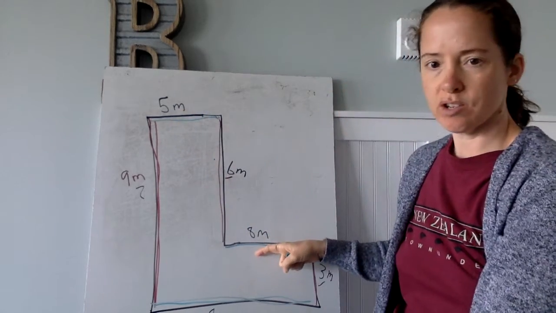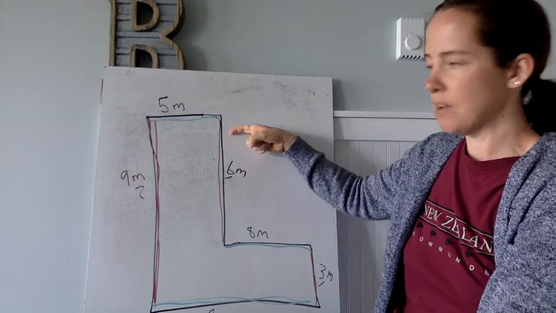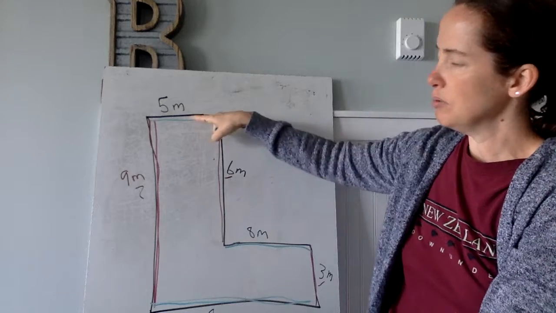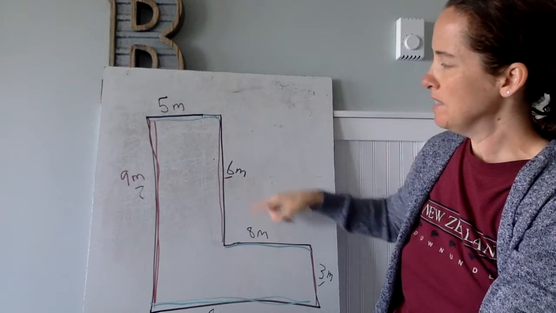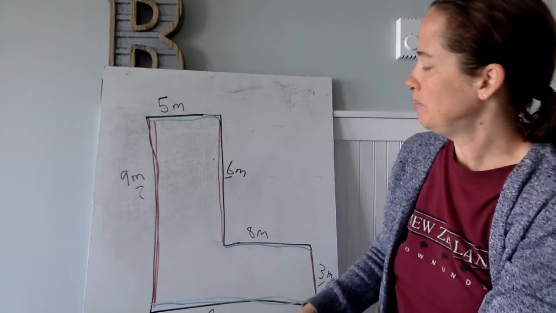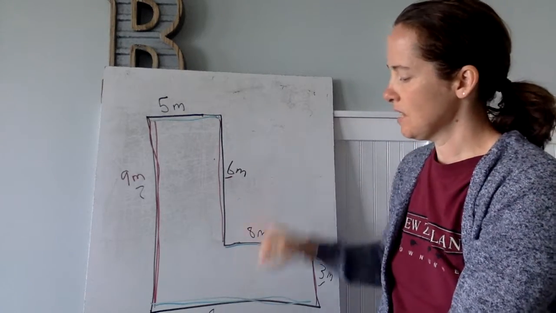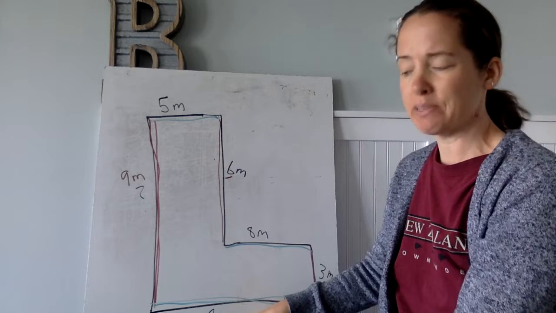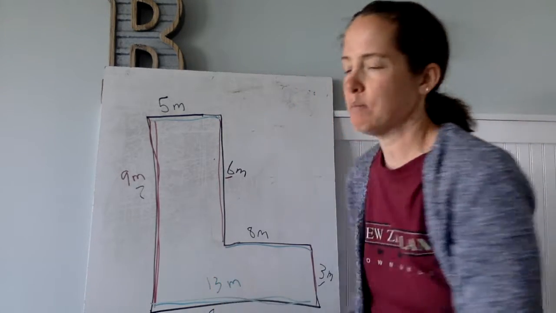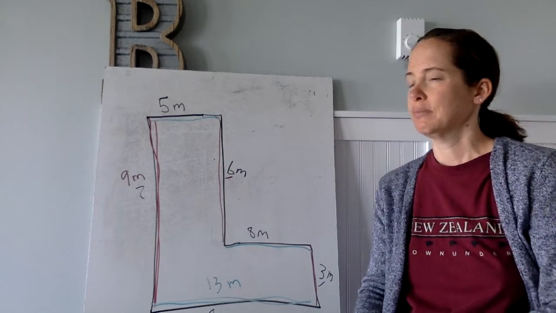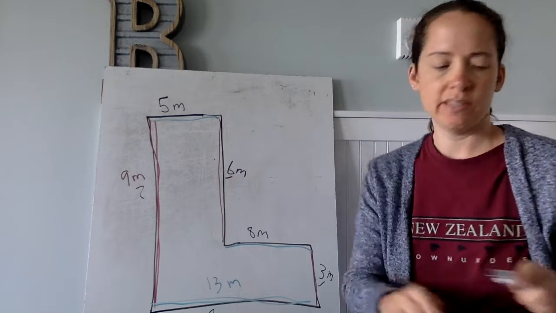Because if I stretch this way up here and made one giant rectangle, these two lines would be its opposite side. Well, if 8 and 5 equal 13, then I know that its opposite side is going to be 13 millimeters. Okay, so now I have all my missing side lengths.